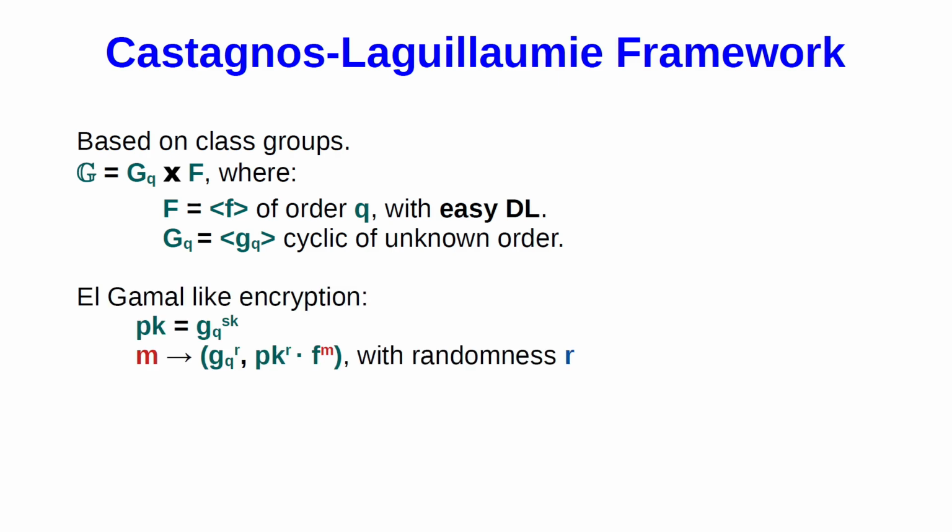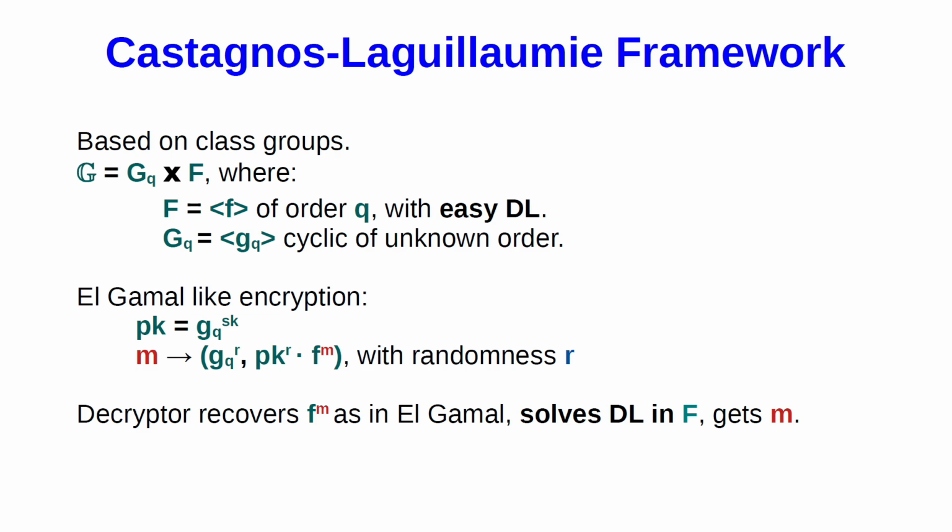And then this allows us to define an ElGamal-like encryption under certain assumptions that I'm not going to get into, but that allows to encrypt messages that are modulo q in the exponent of this subgroup of order q. And so when the decryptor recovers, exactly as in ElGamal, this value f to the m, because the discrete log is easy, it can recover also m.